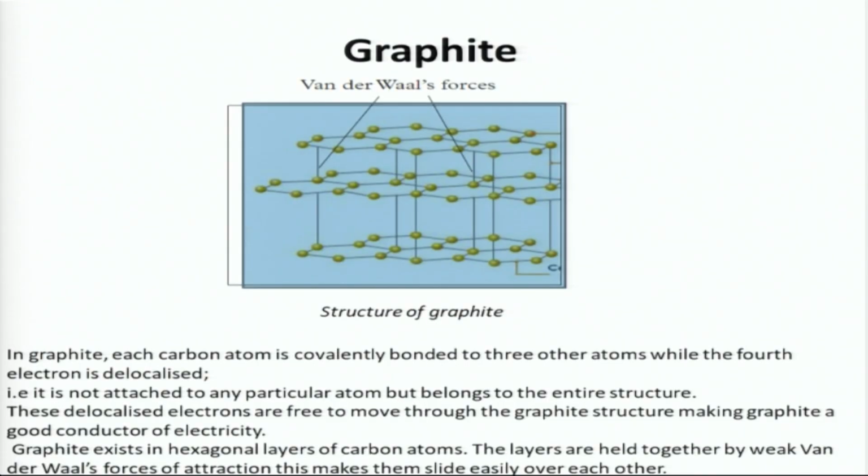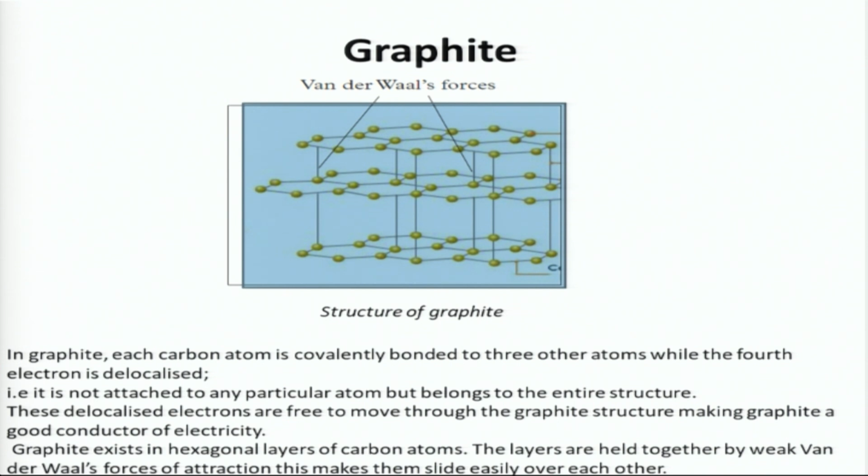Look at the structure of graphite on the slide here. You remember with diamond, we said that each carbon is bonded to 4 other carbons. So no free electron. All the 4 electrons are used.